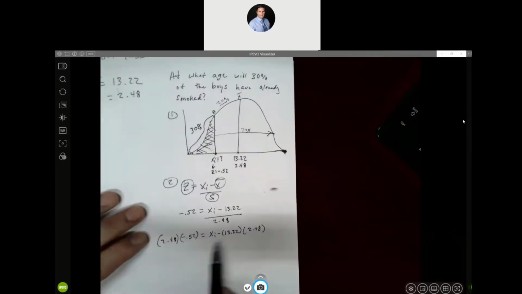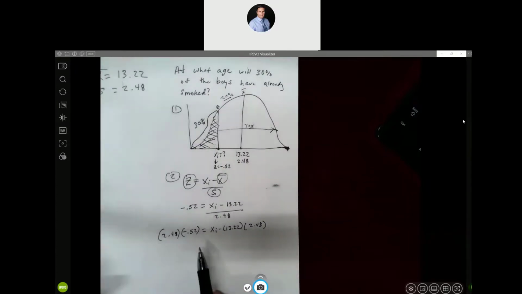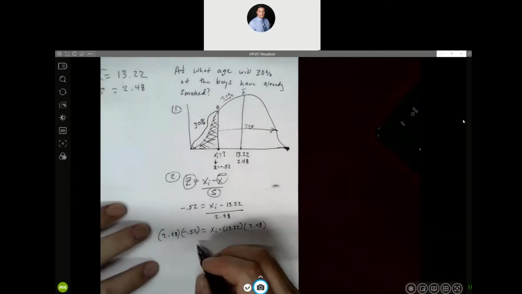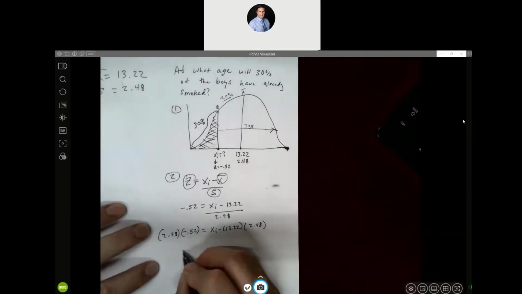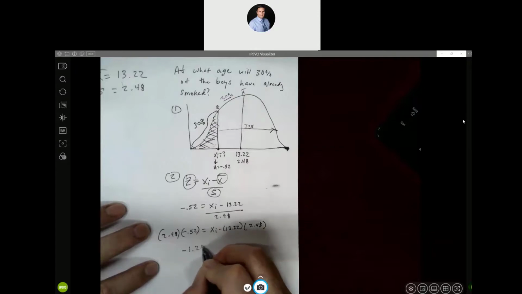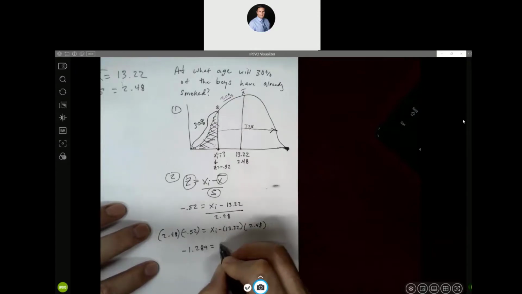If you multiply both sides by the denominator, you can isolate that x sub I. So then what I'll end up with is negative 1.289 equal to x sub I minus 13.22.